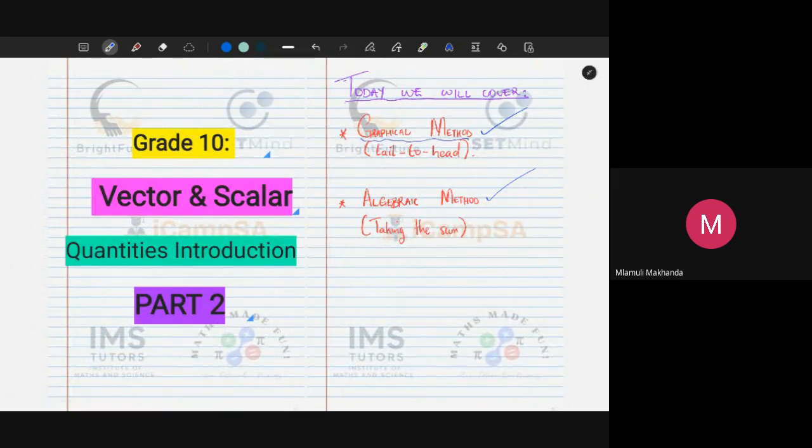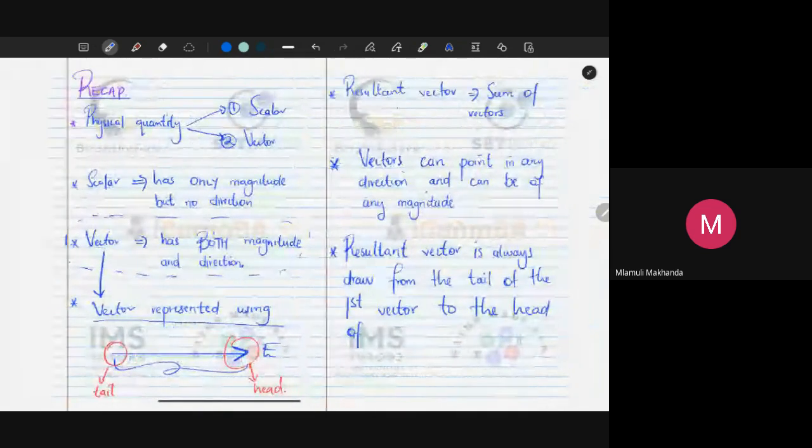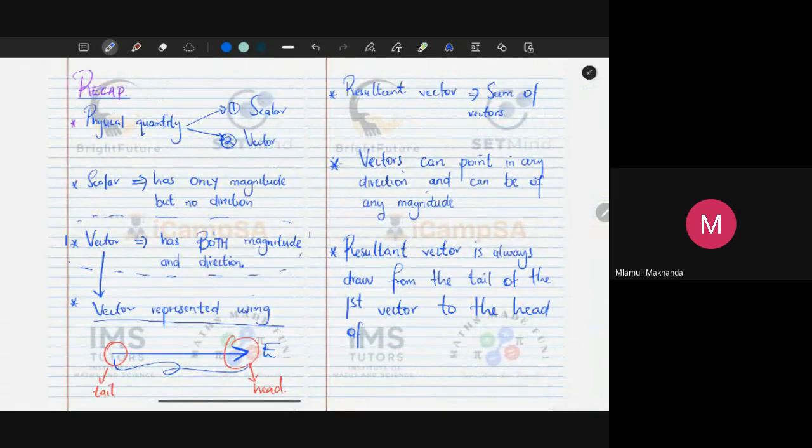Graphical means you're just drawing stuff. And that graphical method is what we call the tail to head method. You draw a resultant vector from the tail of the first vector to the head of the last vector.